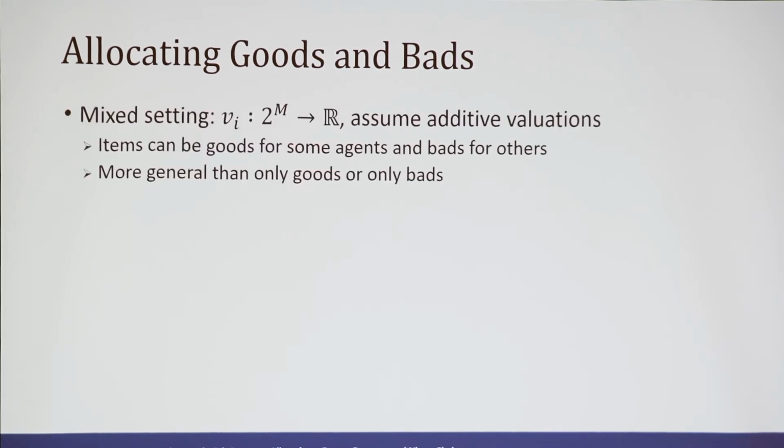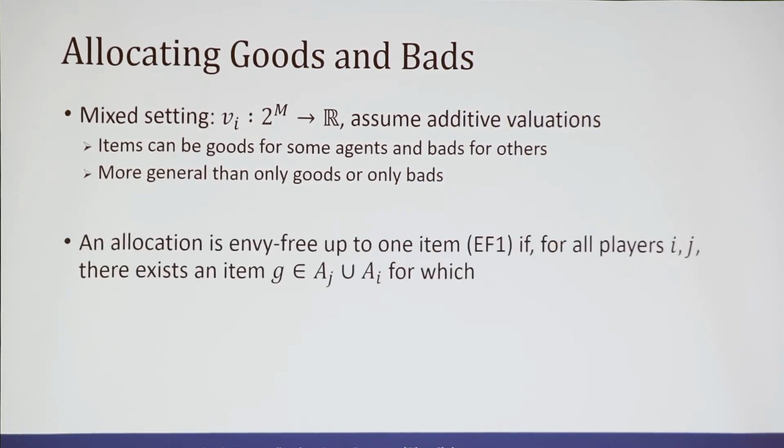A more general model is one where we're allocating both goods and bads. Right, so now we're mapping subsets just into real numbers. And here we have a setting where items can be goods for some agents and bads for others. Right, so it's more general than just goods or just bads. So one thing we have to take care of is we have to slightly generalize some of our definitions.